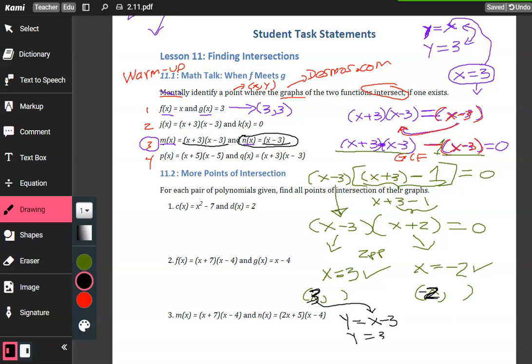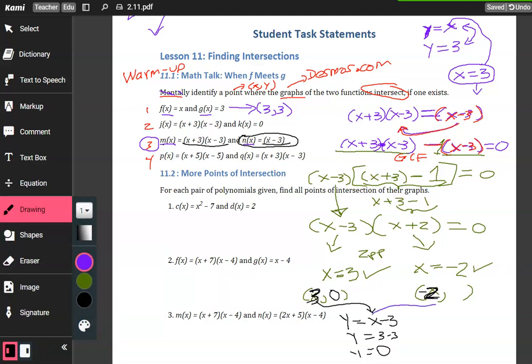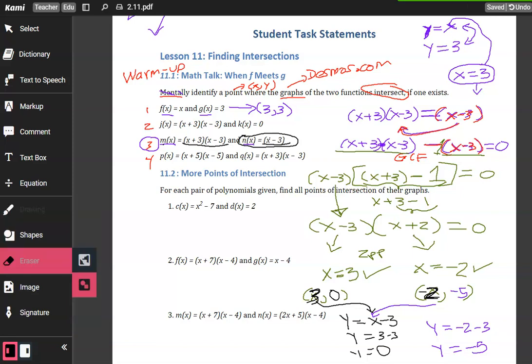That would be 3 minus 3, so that's 0. So this is going to be 0. And then take negative 2 and plug it in there to the x. Substitute it. So that would be y equals negative 2 minus 3, which is negative 5. So let me go back to my question.